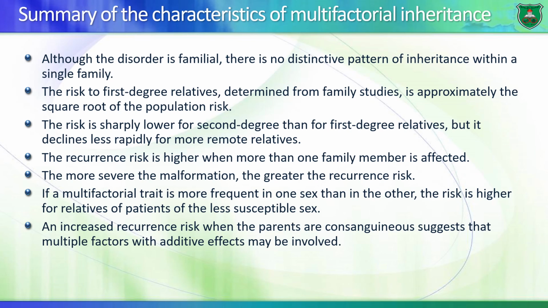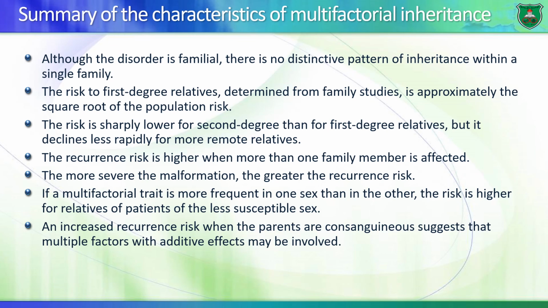So there's a 3 in 100 chance rather than a 1 in 1,000 chance of that person being affected with that condition. The risk is sharply lower for second-degree relatives than for first-degree relatives, and it makes sense because they share less of the genotype, genetic composition, than first-degree relatives.